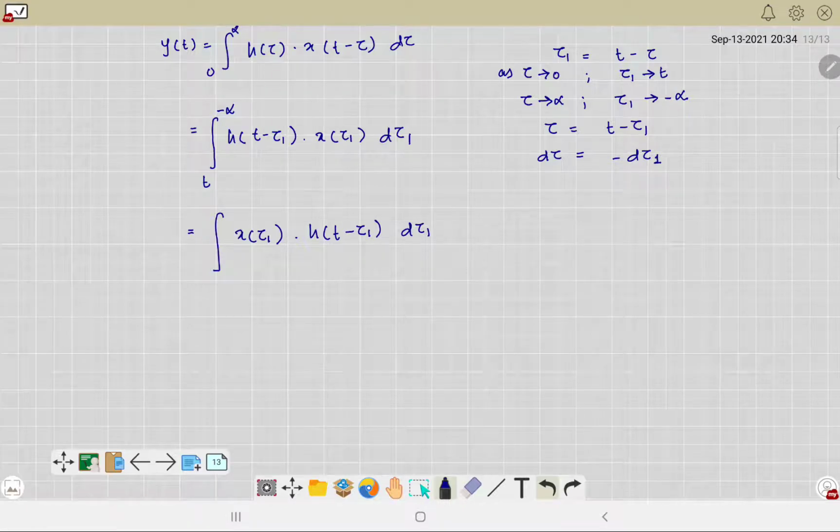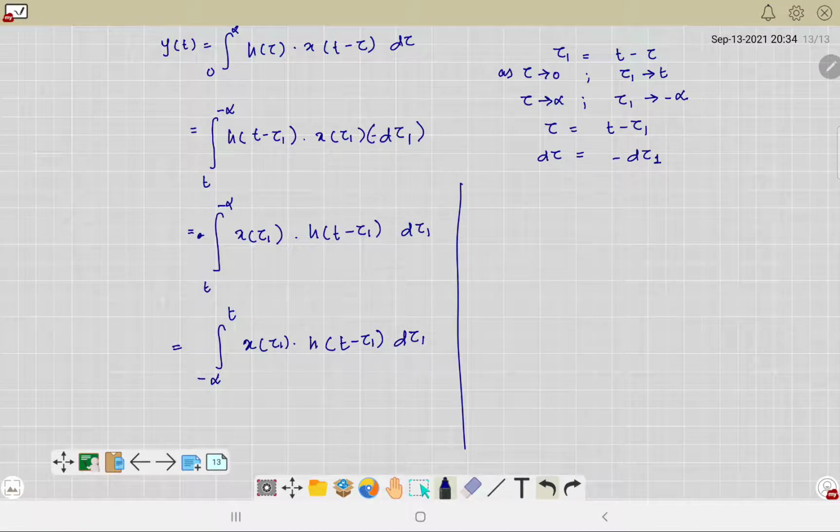Sorry, this should have been minus, so we take the minus outside, with limits t to minus infinity, and we will compensate this minus in the limits itself, so the limits will be reversed, minus infinity to t. The rest is the same: x of tau1 h of t minus tau1 d tau1.